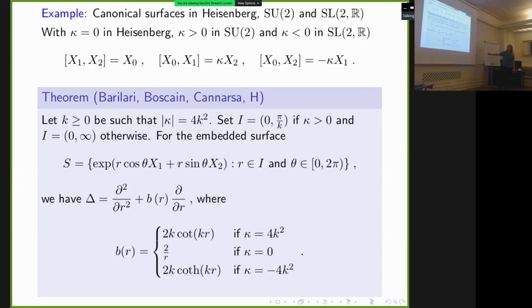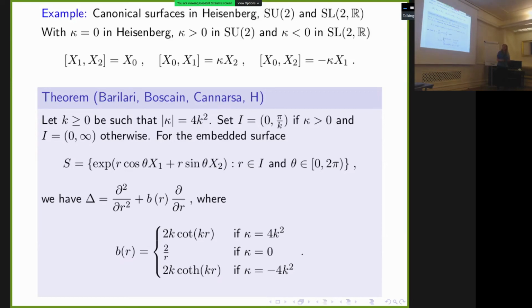that this intrinsic sub-Laplacian is of this form, where now the R was what I called earlier S. It's the arc length along your leaf. So what happens is that in the Heisenberg group, when we had our plane, we have one identified point, and then r just gives you the distance away from this point.